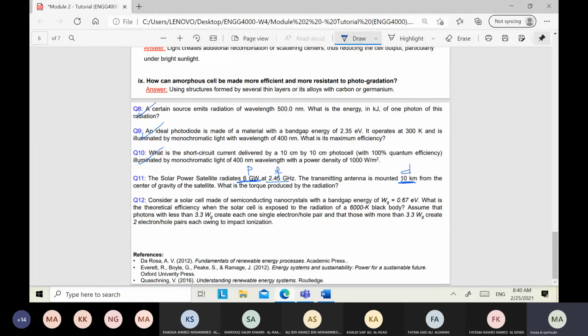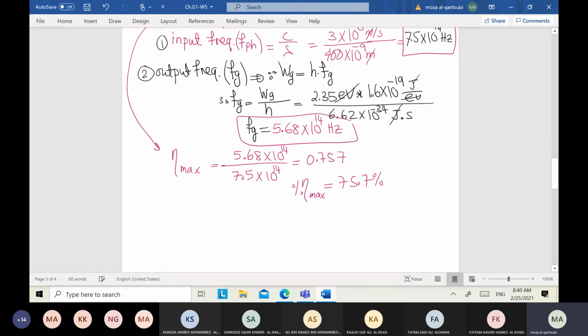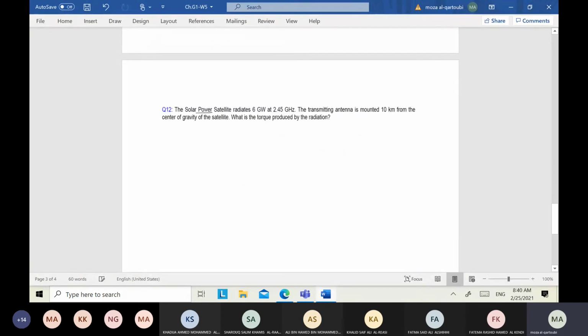The question here: what is the torque produced by the radiation? We need to find torque. This is question number 11. Given here: power equals 6 gigawatt, frequency equals 2.45 gigahertz, and the distance between the antenna and the center of gravity of the satellite equals 10 kilometer.